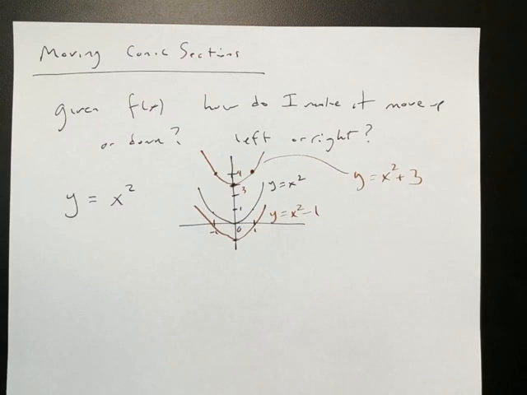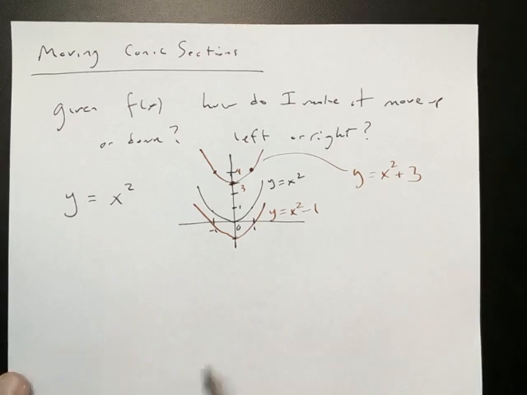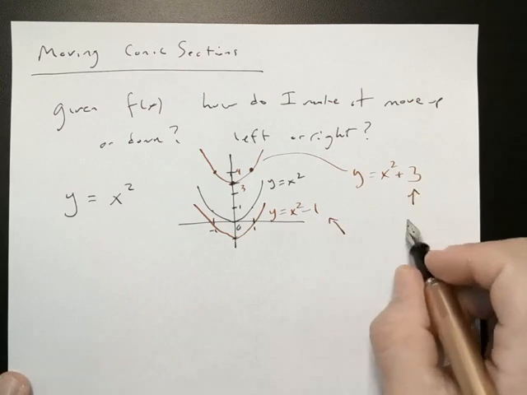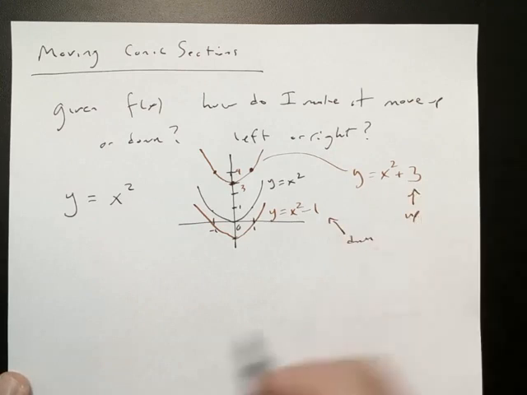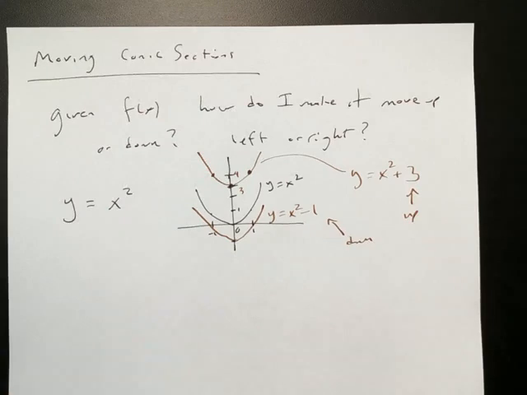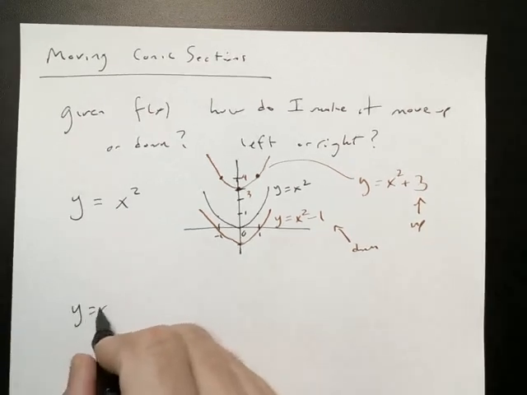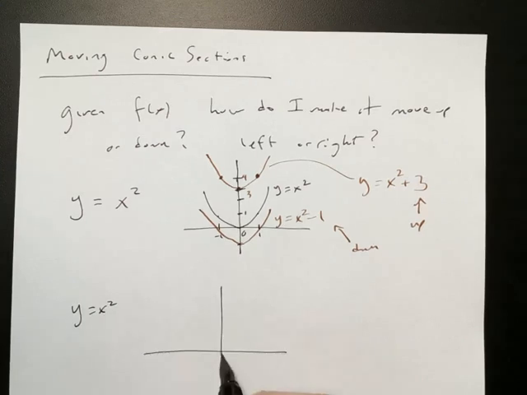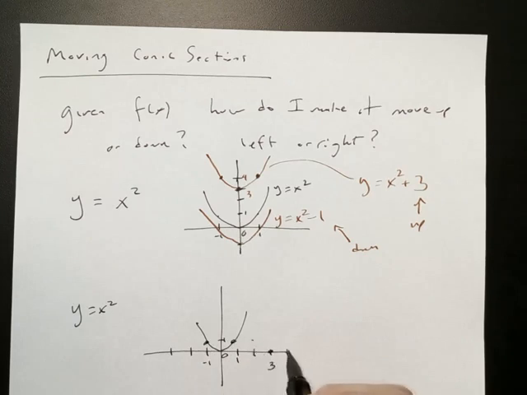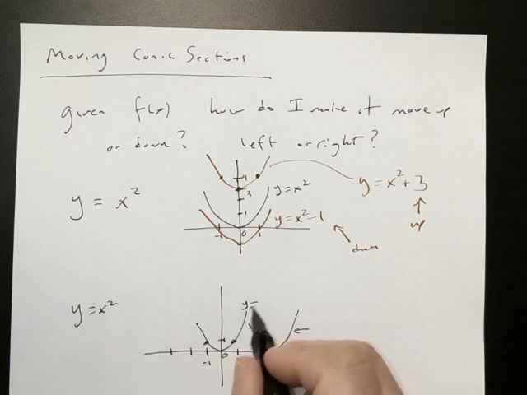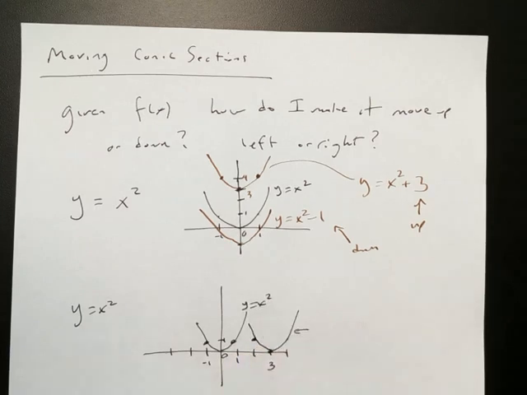What if I want to move left or right? How do I get over to that equation?